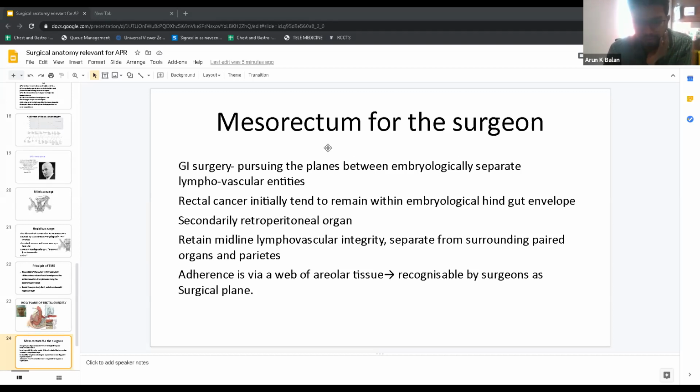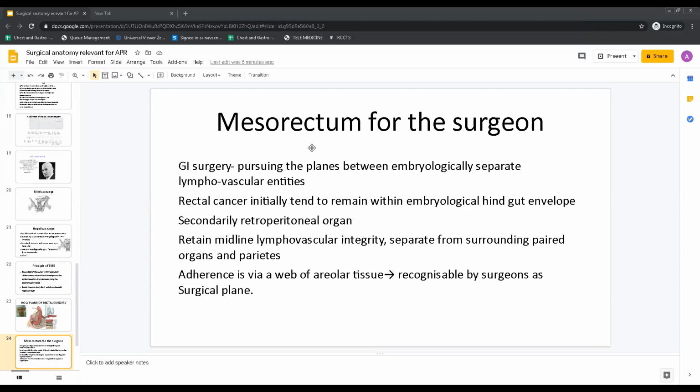Actually, sir, in MRI, the definition of the proximal limit of the rectum is at the level of sigmoid takeoff. When there is a difference in definition, we may subject the patient unnecessarily to neoadjuvant radiation therapy, even if it is a rectosigmoid or sigmoid lesion. That is one importance.